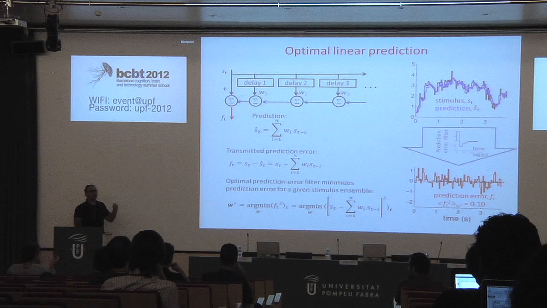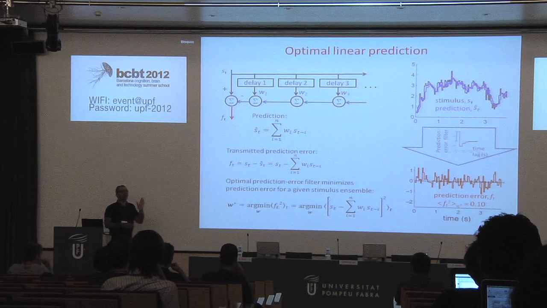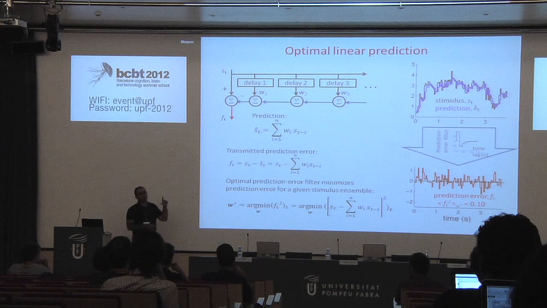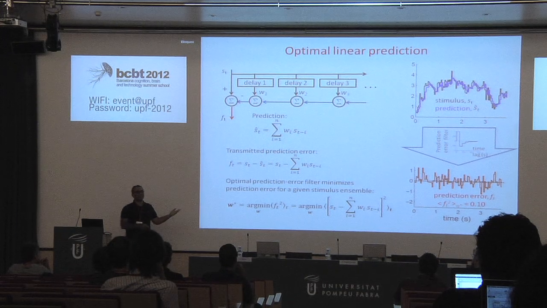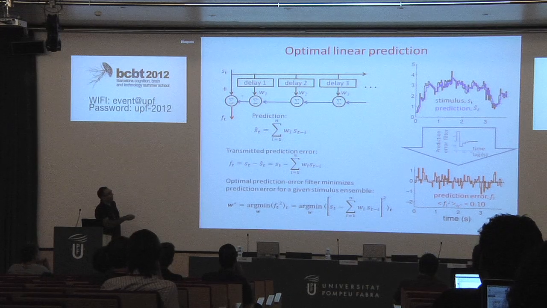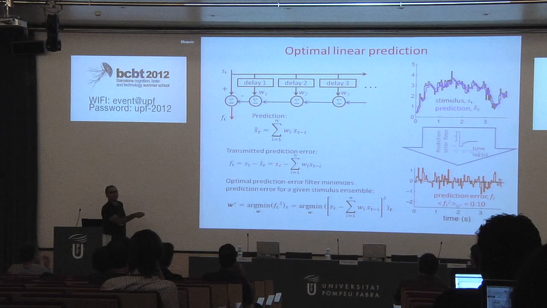And then you want to transmit the signal whose amplitude is as big as possible relative to noise, but within the dynamic range of the channel. And so what you do, you try to reduce the dynamic range relative to the original signal. That's what counts.